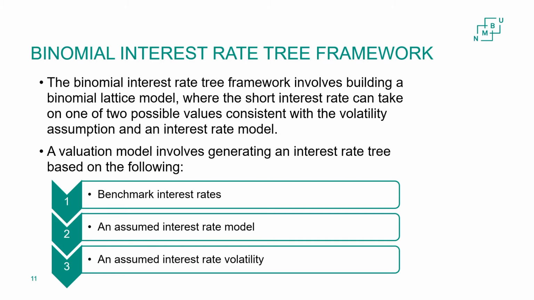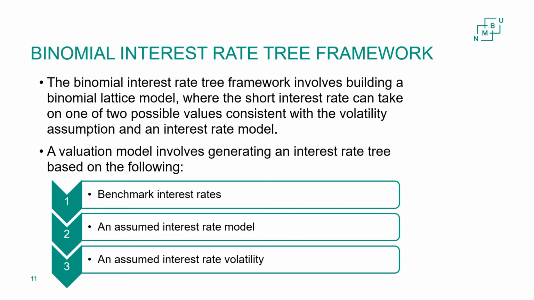In addition, we need to define what kind of relation the different nodes in our interest rate tree have. So we need an interest rate model. And to create this tree, we also need to know how far apart nodes are going to be.